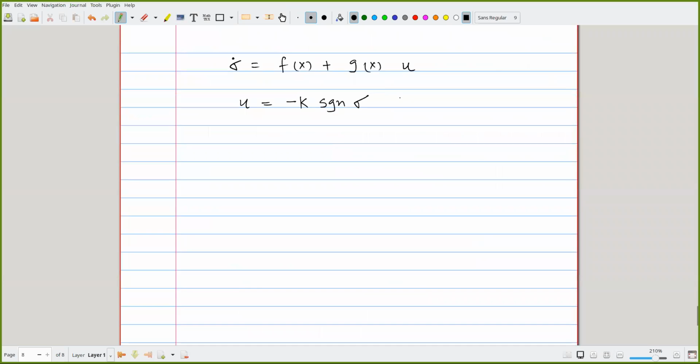So when the sliding starts, the entire system order is reduced. x1 dot is equal to minus m x1 is one differential equation, and x2 is equal to minus m x1 is the algebraic equation. One differential equation and one algebraic equation will define the motion of the system. Both the states can be found using these. So that is what the sliding mode community does.